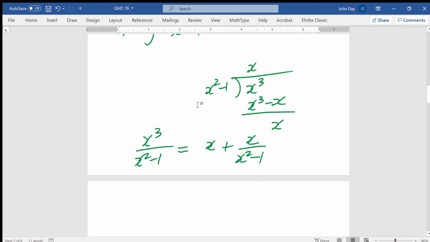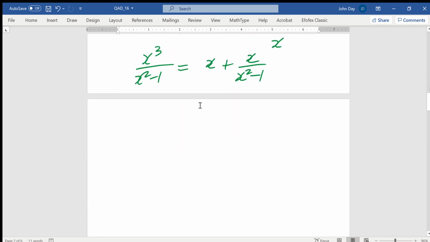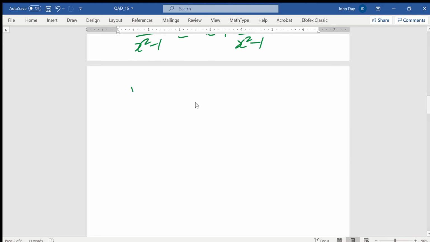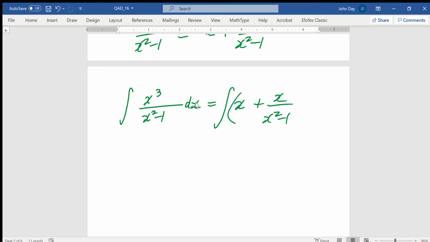So the next thing that I need to do is change that integral. So the integral of x cubed on x squared minus 1 dx is equal to the integral of x plus x on x squared minus 1.